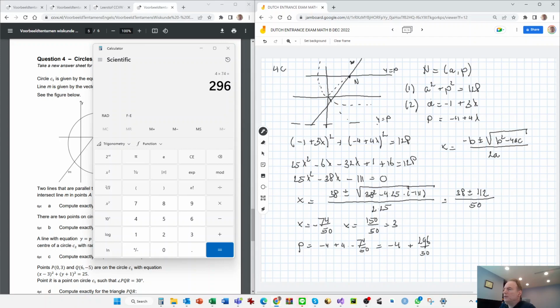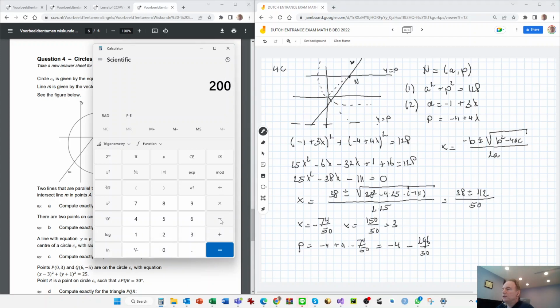This has to be negative. But let's just put this under the 50 denominator first. And minus 4. Yeah, should be right. So I can write this as minus 200 divided by 50.